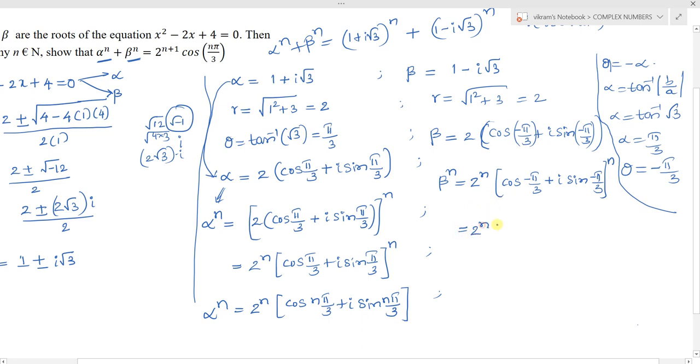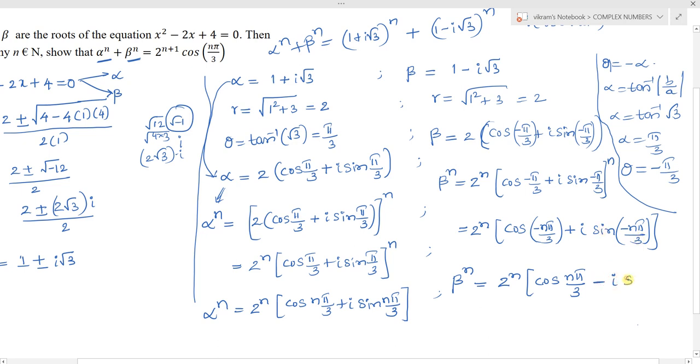We can write this as 2 power n into cos of minus n pi by 3 plus i sin of minus n pi by 3. De Moivre's theorem says cos theta plus i sin theta whole power n equals cos n theta plus i sin n theta. Now beta power n can be written as 2 power n into cos n pi by 3, since cos of minus theta equals cos theta, whereas sin of minus theta equals minus sin theta, minus i sin n pi by 3.